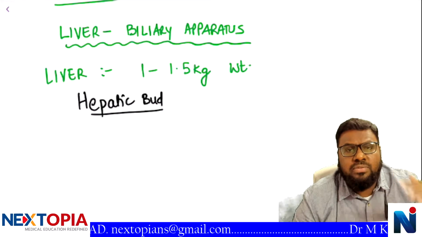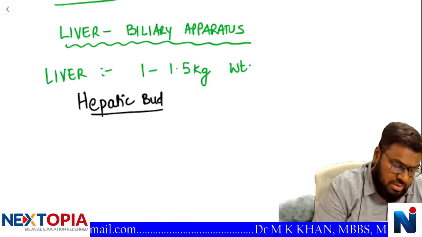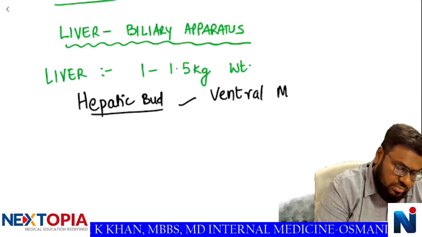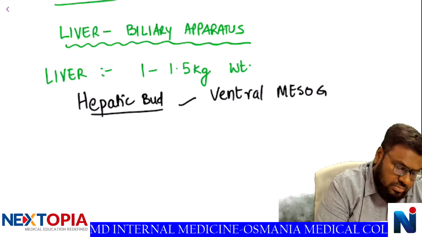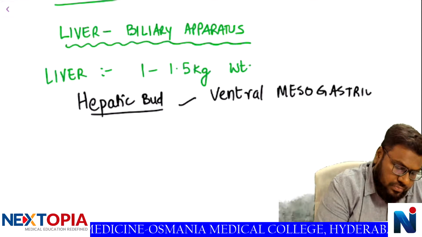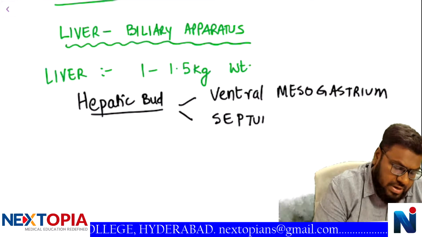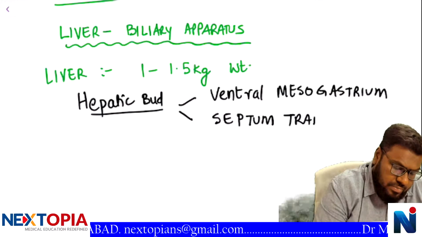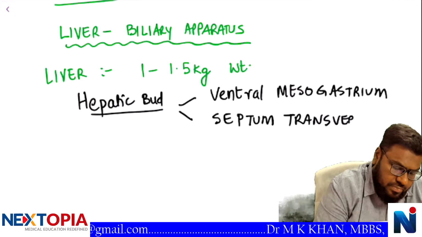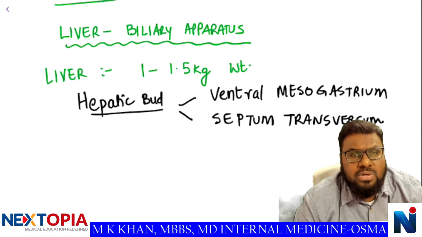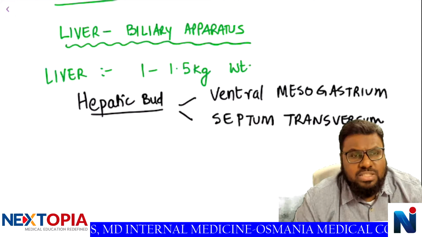They grow above to form the ventral mesogastrium, and it also gives rise to part of the septum transversum.